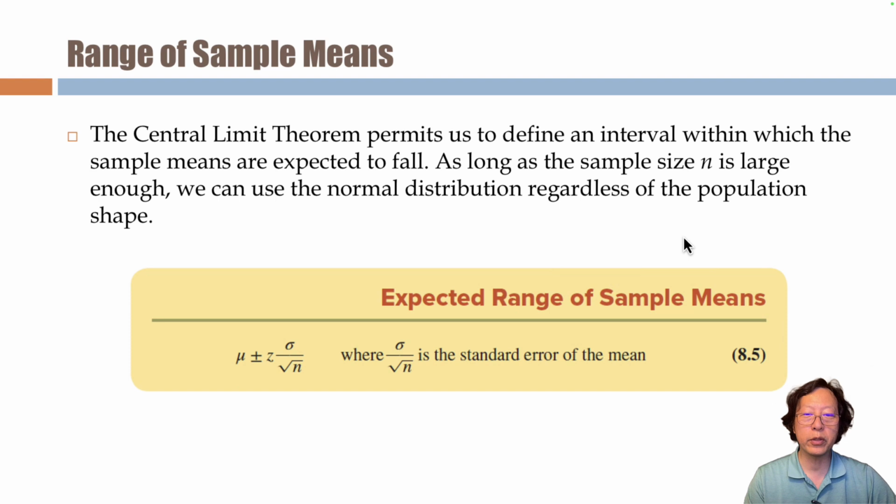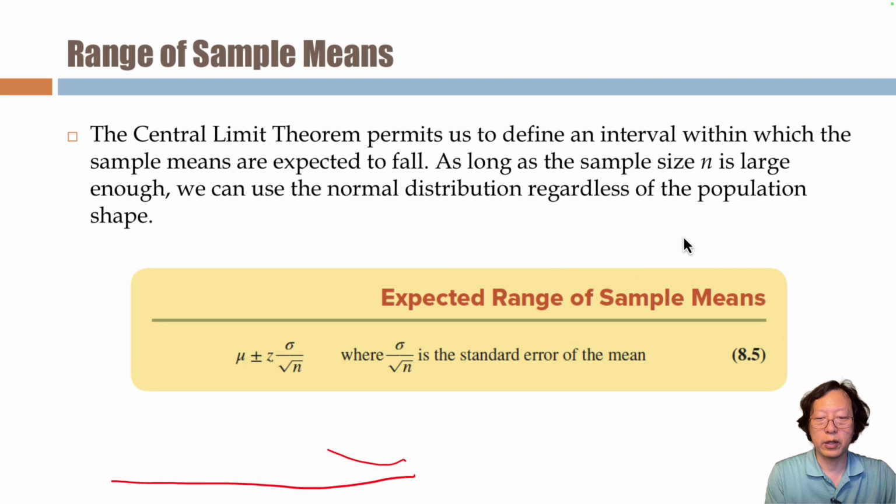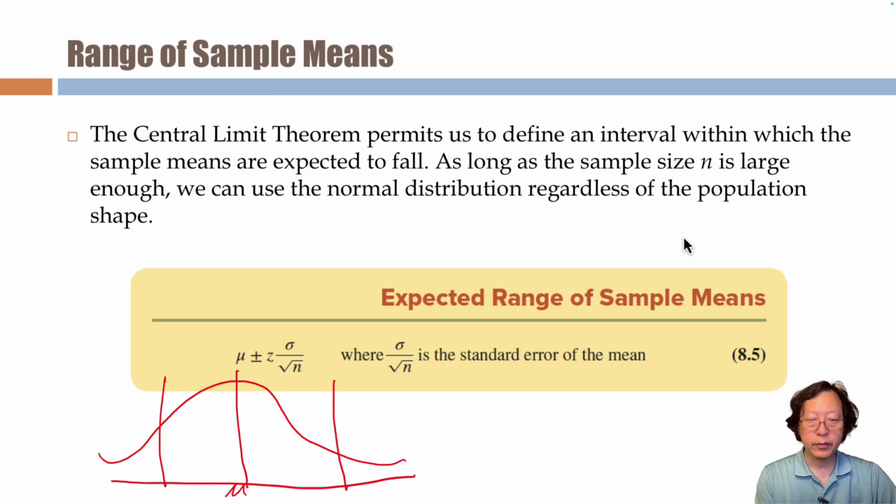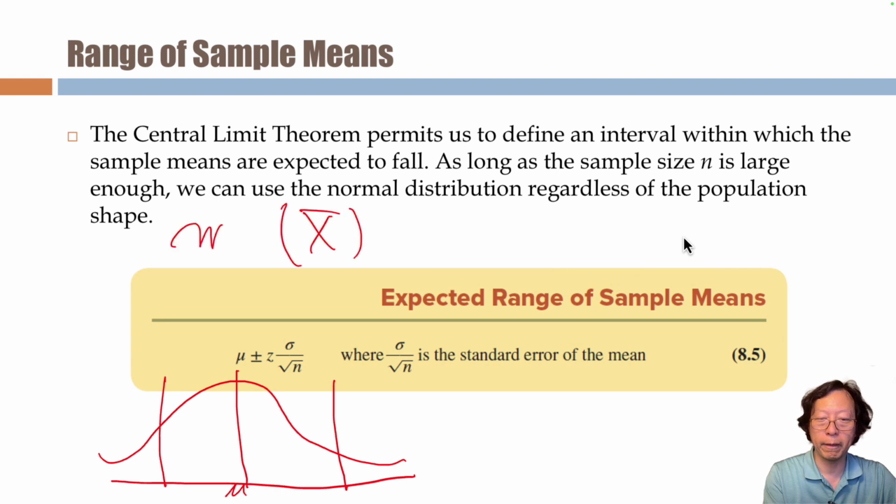So, the range of the sample mean. If the original distribution looks like this, and the center is mu, then my x bar will be somewhere here, but the mean of x bar will be mu.